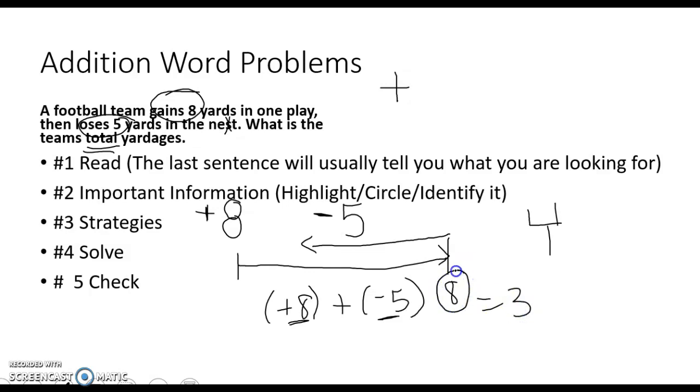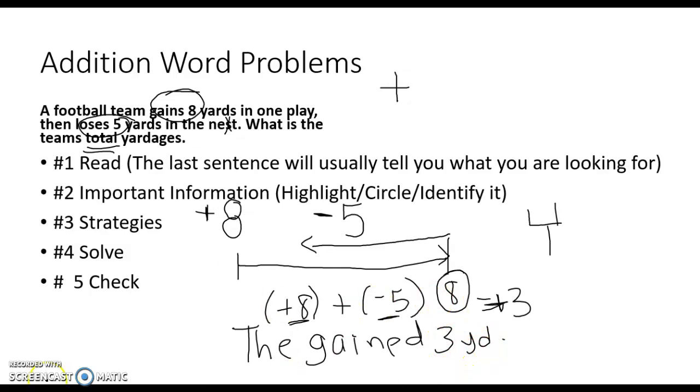Because the 8 is a bigger number, the absolute value is bigger, my answer is going to be positive 3. So the team gained, it's a positive answer, 3 yards. That should make sense, and we've done all the strategies. Let's try the next one.